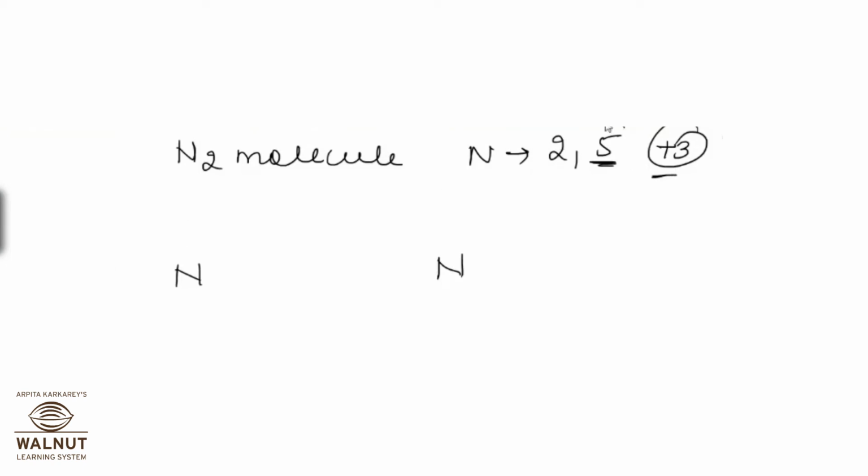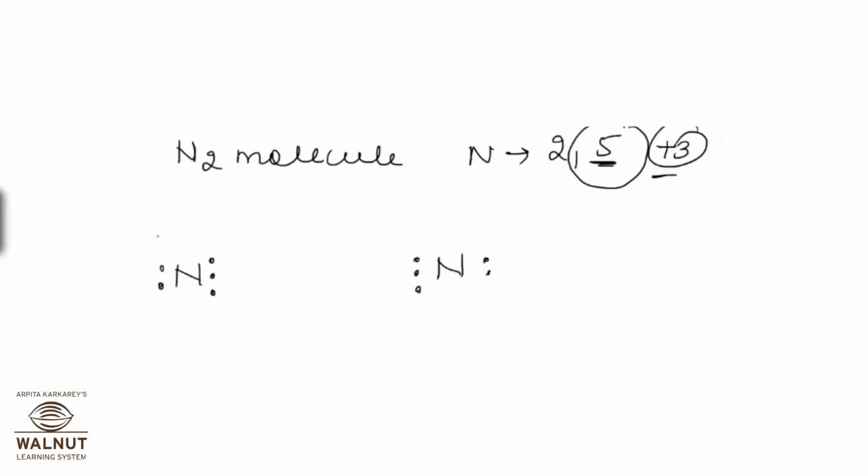So what I will do first, I will write this 5 electron. 1, 2, 3, 4, 5. 1, 2, 3, 4, 5. I'll show you why I've written it like this, but let me first explain the structure. This is 5. It needs 3 more electrons, as you said.